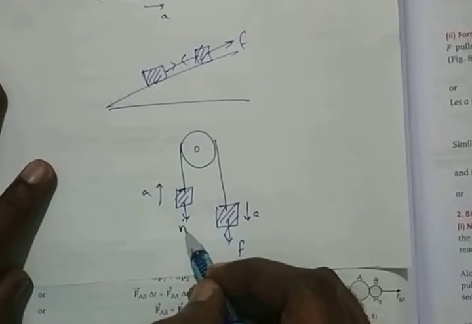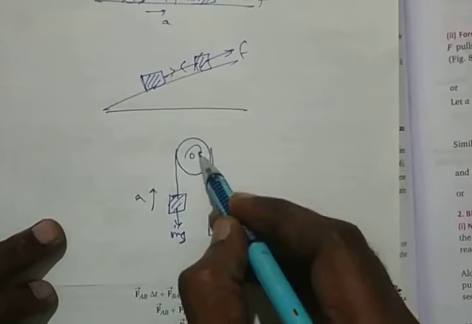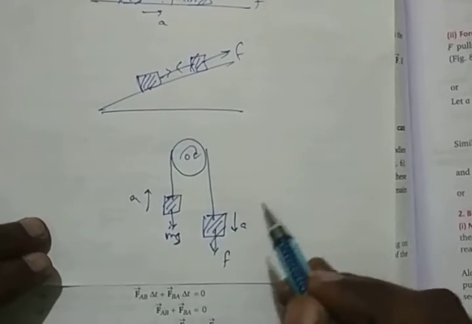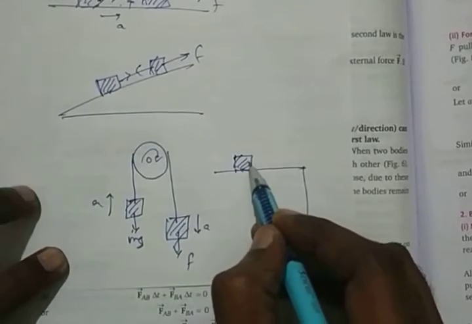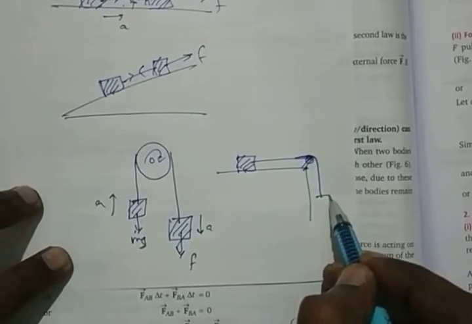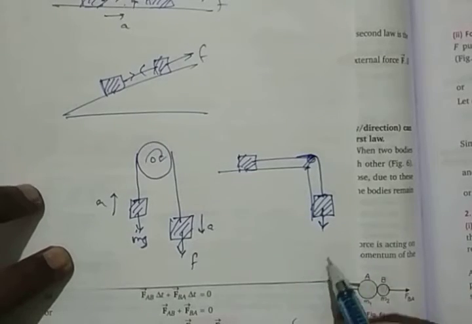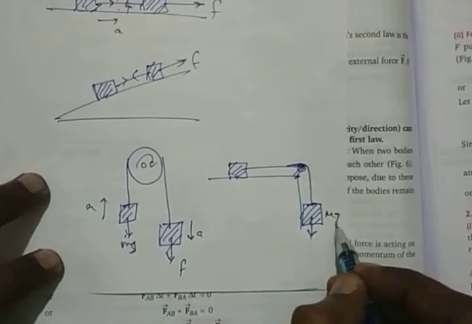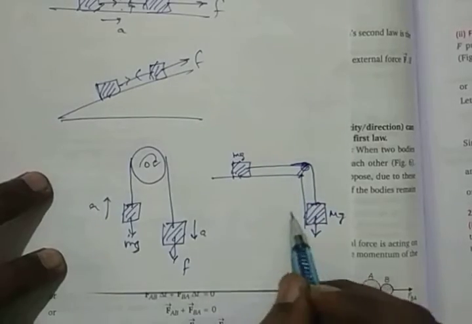This also has m into g. So we saw the connected motion here. Another connected motion is a body here, and there is a pulley here, and this one moves down. So m into g and another M g, capital M, small m. So what happens? This is also connected motion.